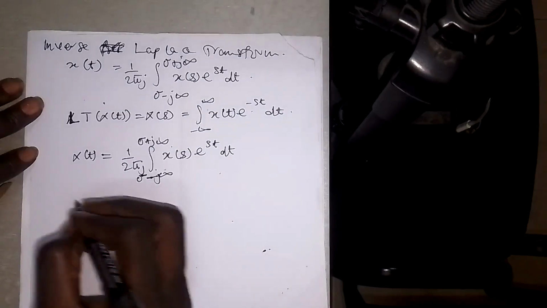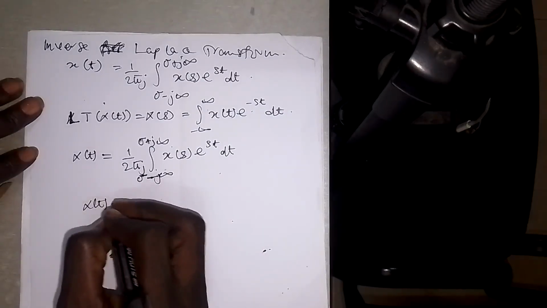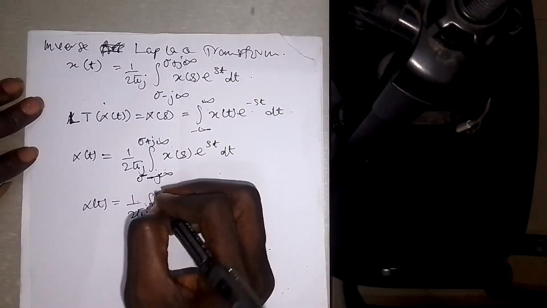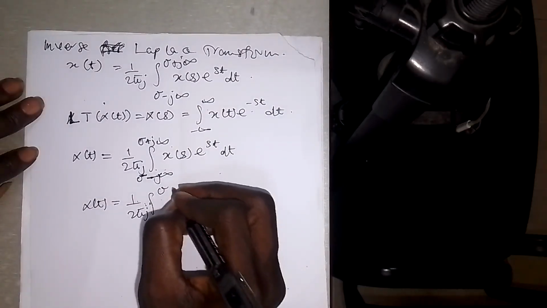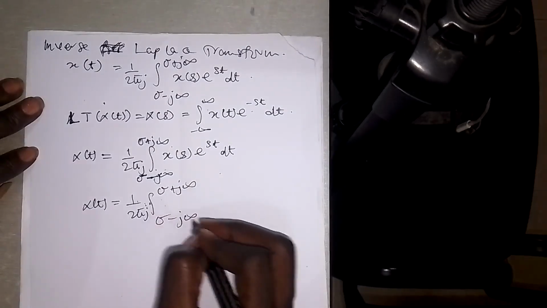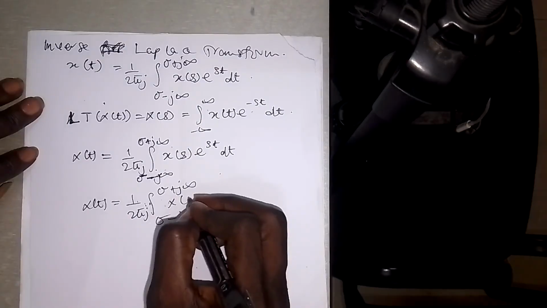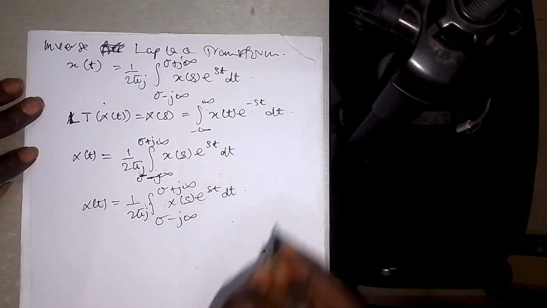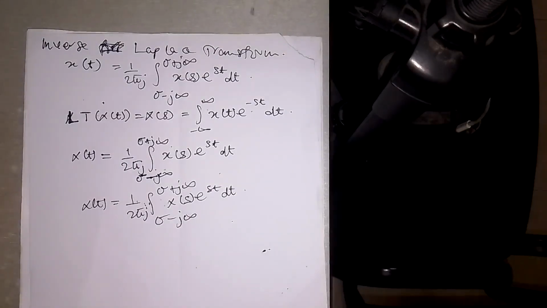Let me write the formula again: x of t is equal to 1 over 2 pi j times the integral of X of s e to the st ds. So this is the formula for the inverse Laplace transform.